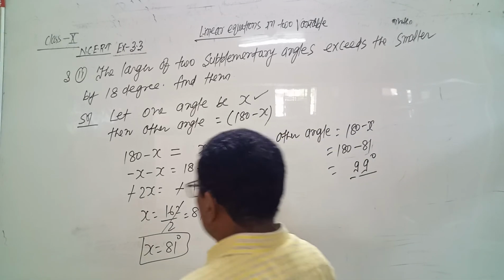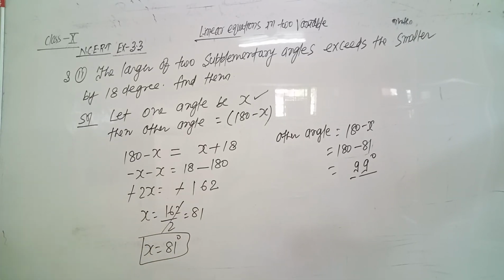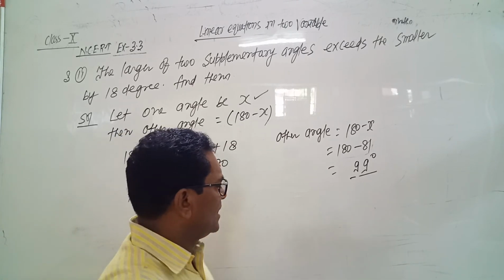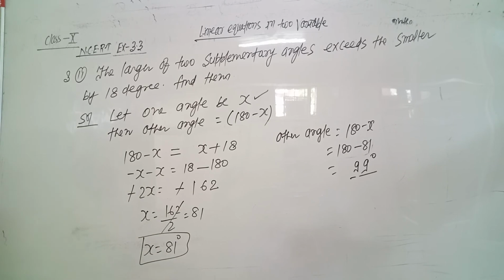The other angle is 99 degree. So we get the two angles, one is 81 and the other is 99 degree. And the sum of both the angles will be 180 degree.